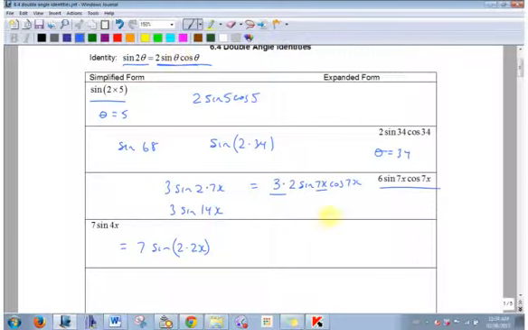So writing it in that form, that's 7 times 2 sine x cos x. And then I'll just simplify it a little bit because I know what 7 times 2 is. 14 sine 2x cos 2x. Okay?